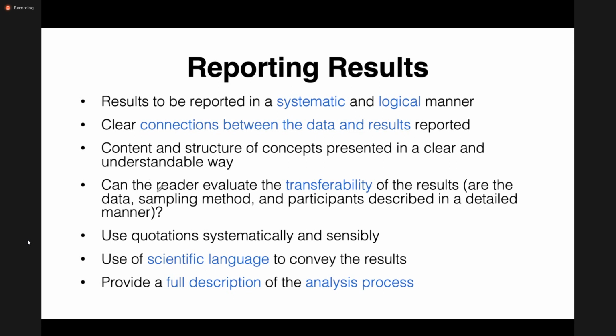So make sure to provide all the information necessary for the readers to ensure the transferability of your results, as we discussed at the beginning as well. So about, say, who your respondents were, how you did the sampling, how you selected your respondents, the background detail of your interviewees, all those things that are necessary for us to judge the relevance of your analysis.